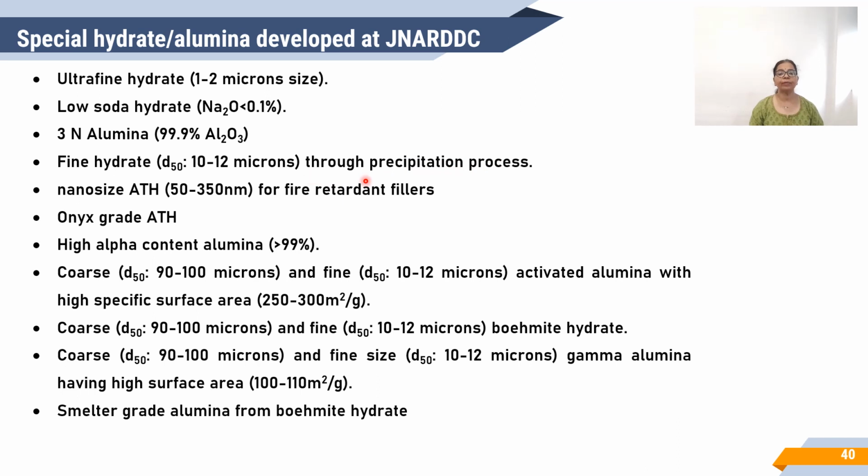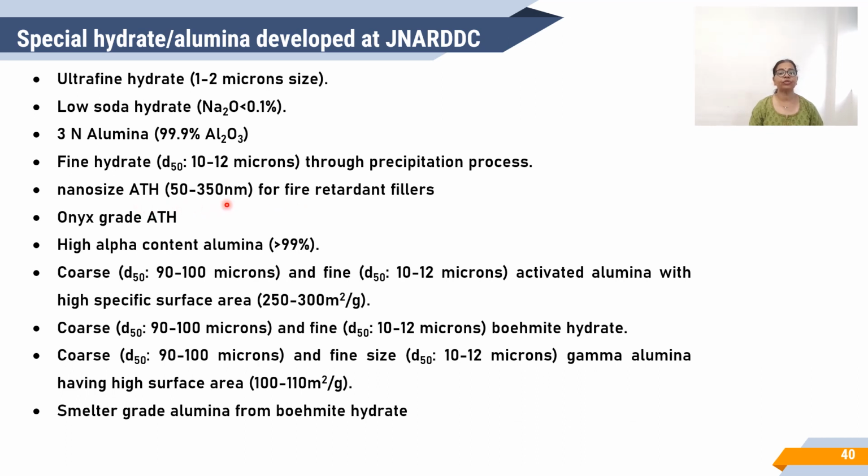Because in some applications a regular size of structure and morphology is required, we have produced 10 to 12 micron size through the precipitation route, for certain applications like cables or wire, which require a very regulated size or very good morphology of the hydrate.